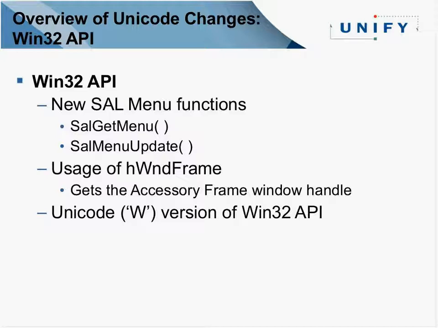So sometimes, depending on how you created your application to deal with menus, you need to use this hWndFrame instead of the parent form frame to get to the handle of those menus. And again, this is all documented.